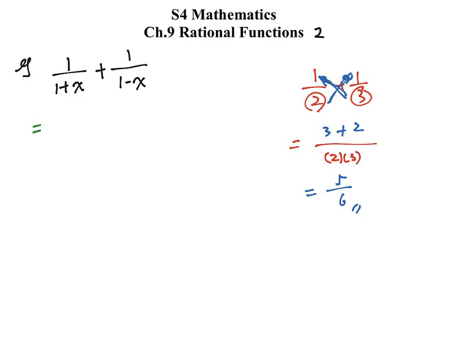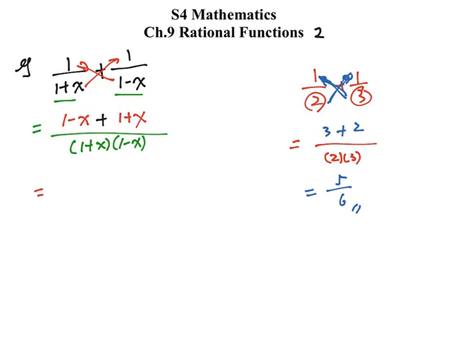Okay, let's look at this example. We have 1 over 1 plus x plus 1 over 1 minus x. So you see, the denominator are different. So we can multiply each other and then do the cross. So 1 minus x and then plus, then this one times 1, so it becomes 1 plus x.